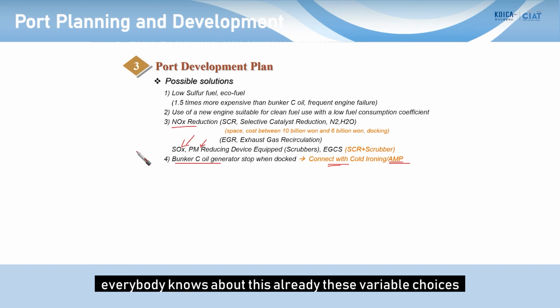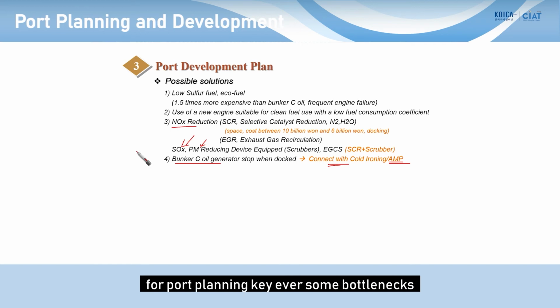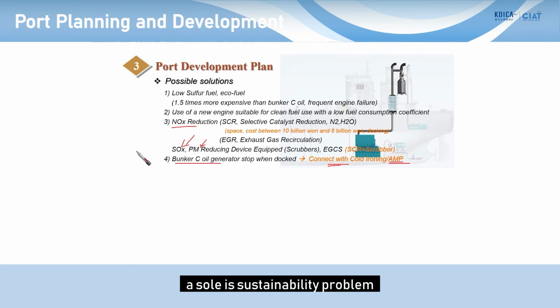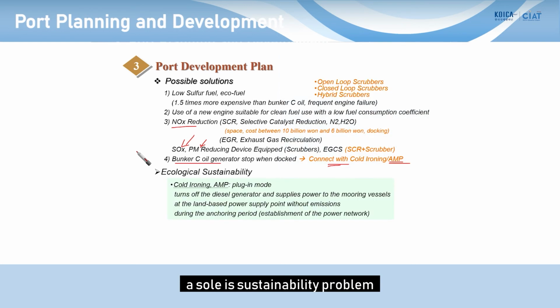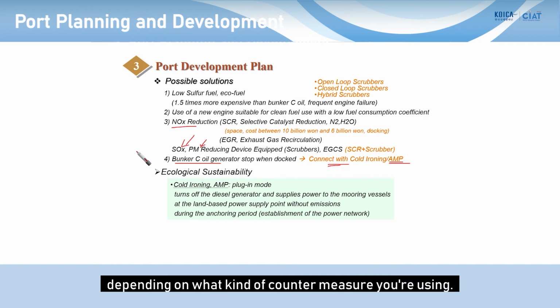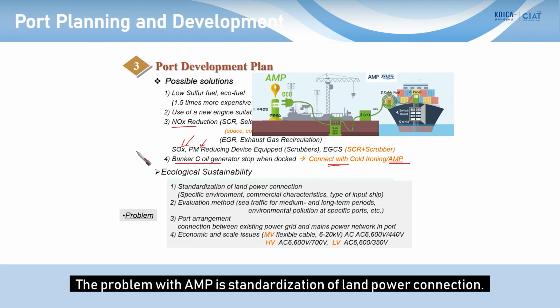AMP is a valuable choice for port planning, but still has some bottlenecks that we should solve. A sustainability problem because of the emission gas from the ship or the cargo handling gears at the port. So it should be reduced depending on what kind of countermeasure you are using. The problem with AMP is standardization of the land power connections.